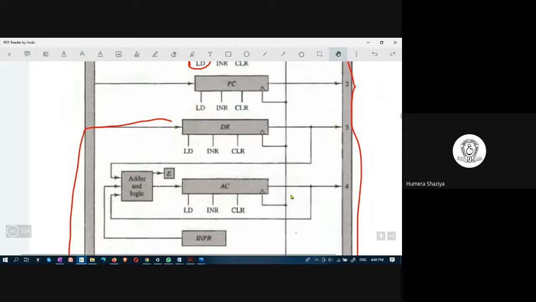Suppose one operand is here, another operand is here, this adder and logic will take one operand from here and one other operand from here and performs the operation. Or suppose if one operand is here and another operand is here, then also this adder and logic component would perform computation on these two operands. Did you understand this part?